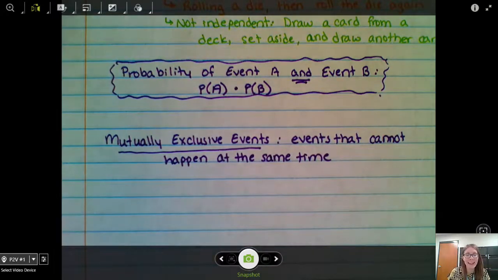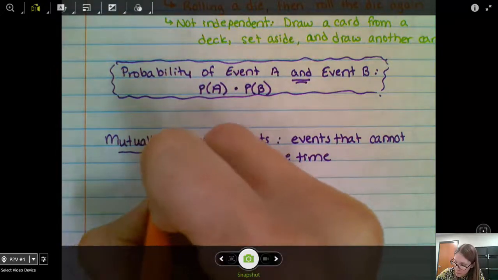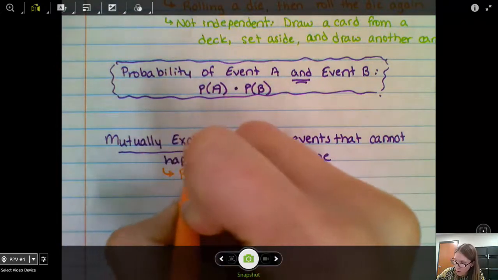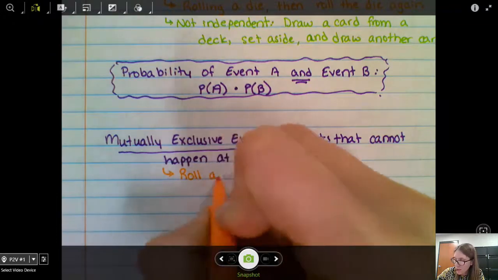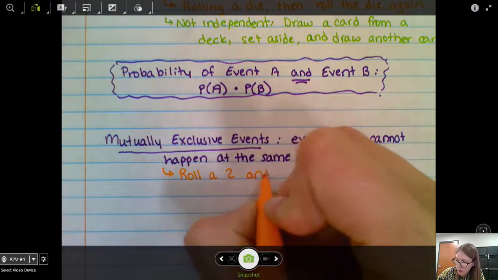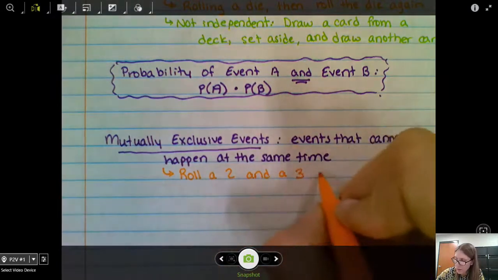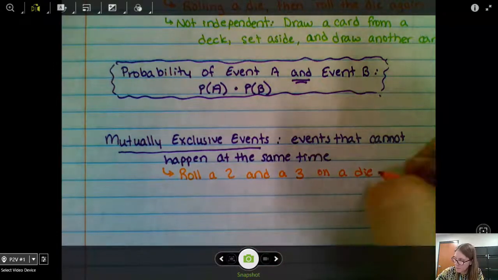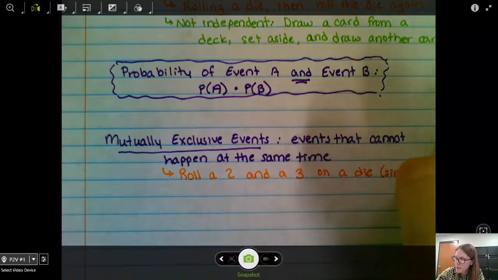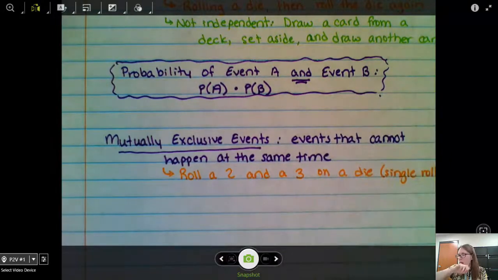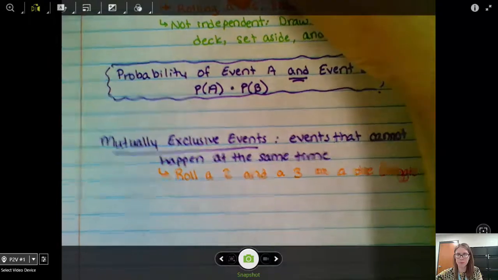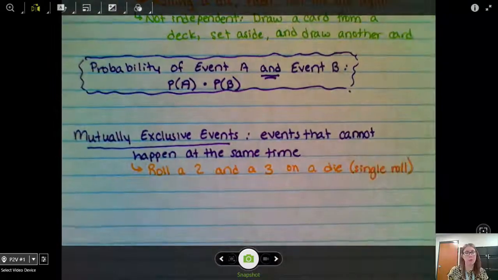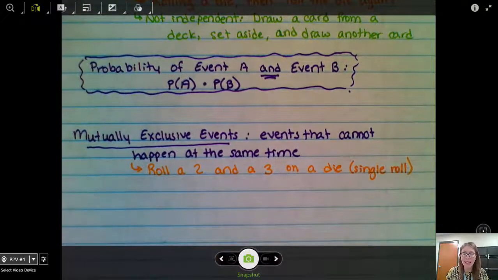So something that cannot happen at the same time, let's say, for example, rolling a 2 and a 3 on a die, on a single roll of a die. Those events would be mutually exclusive because you can't roll a 2 and a 3 at the same time.